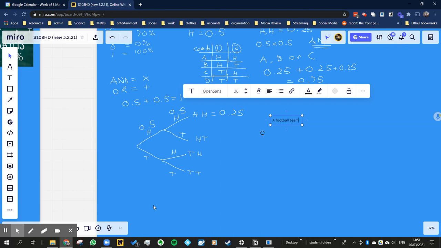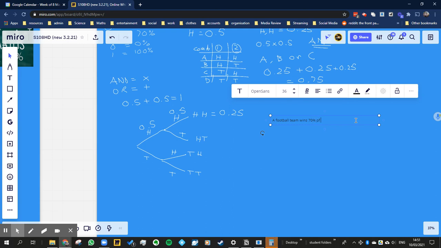So a football team wins 70% of their matches, but if they have recently lost a match, the probability of losing the next one is, let's just make it a bit harder, we'll say 35%.